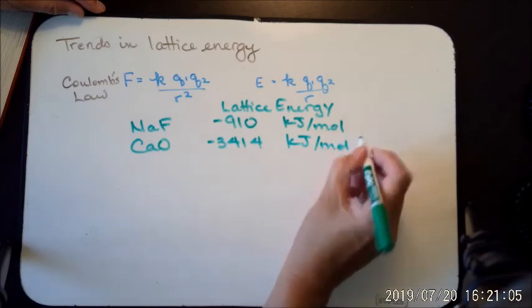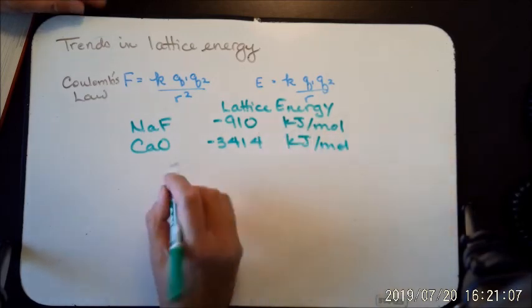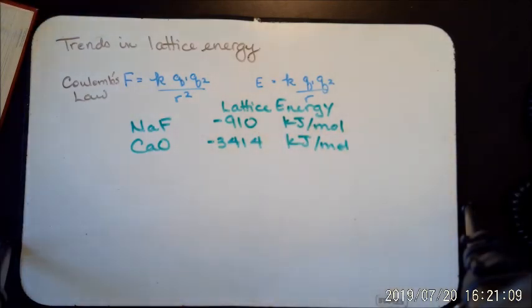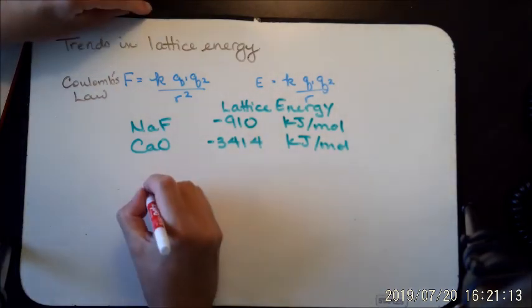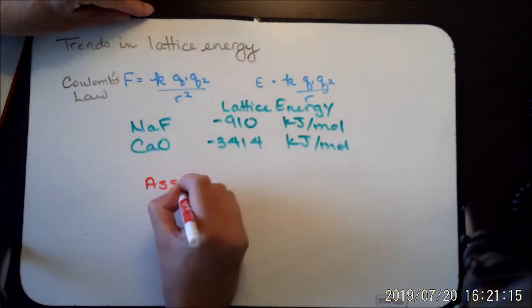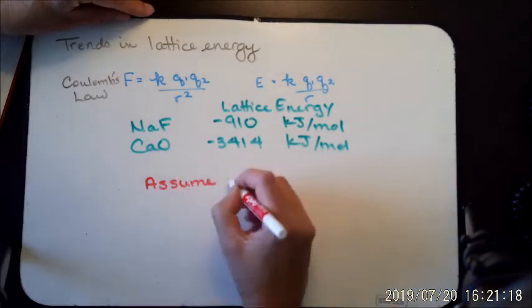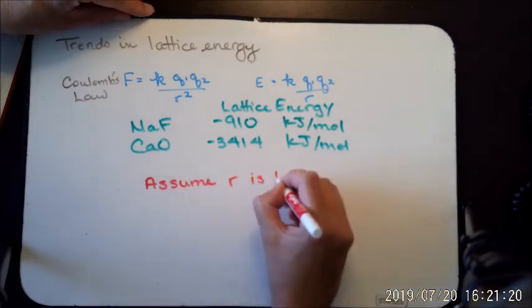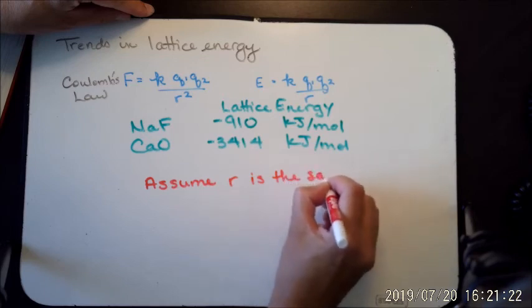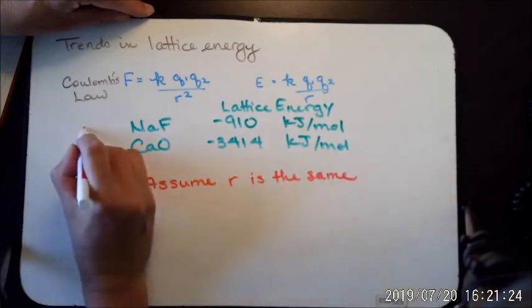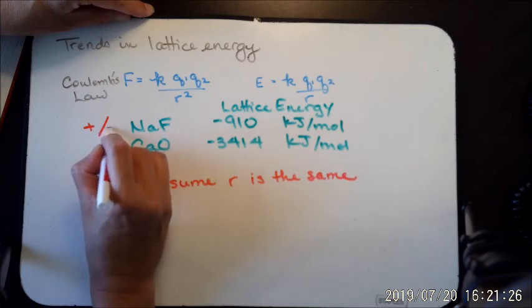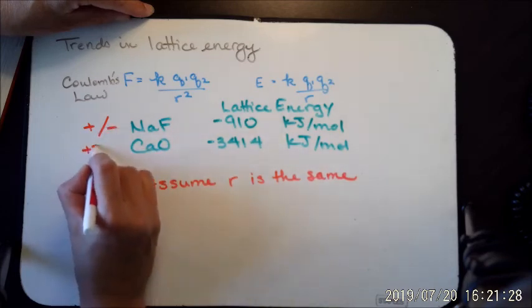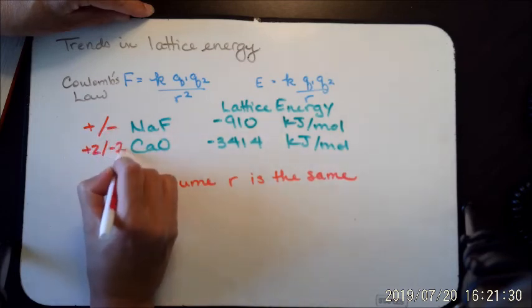Now let's take a look at E. If we assume R is the same, then this is a +1, -1. This is a +2, -2.